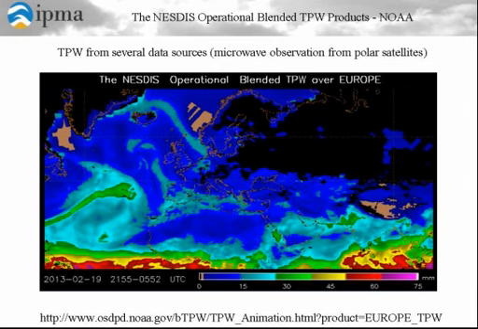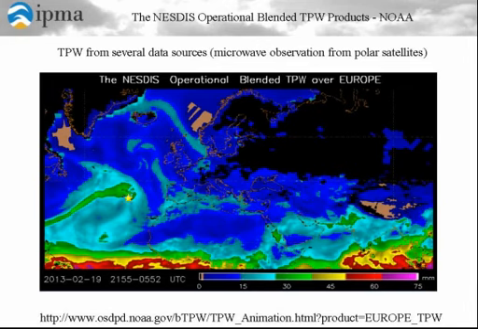It's from NOAA. I just want to show you because it's a microwave observation from polar satellites, and it's a blended product. It's very interesting to see how the TPW evolution is. And as you know, we have our responsibility also over here, Azores.